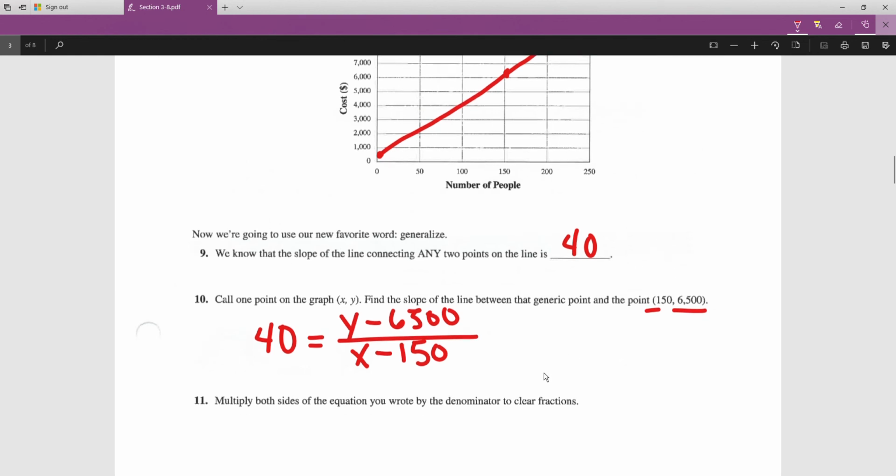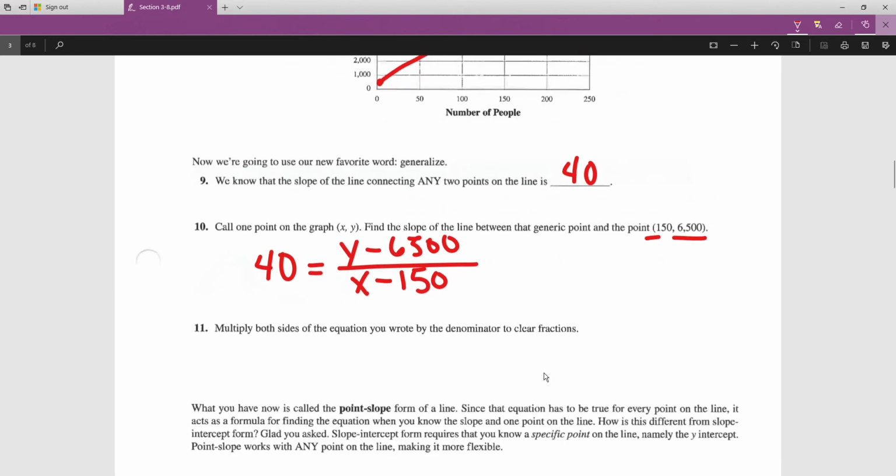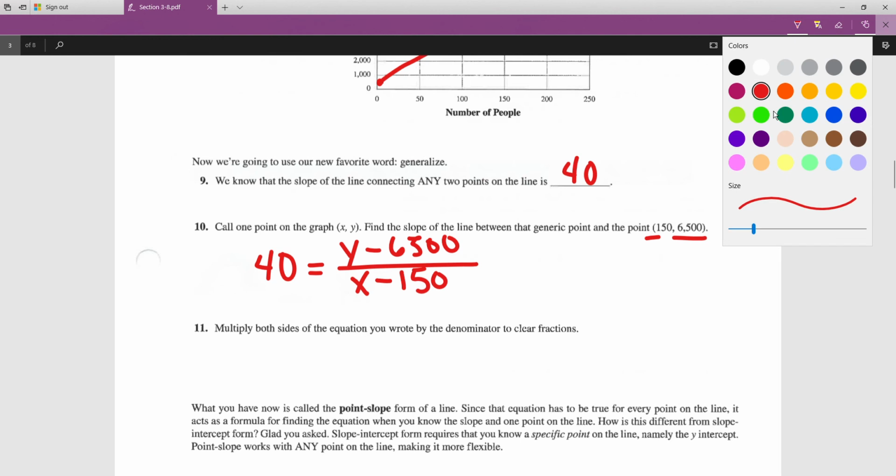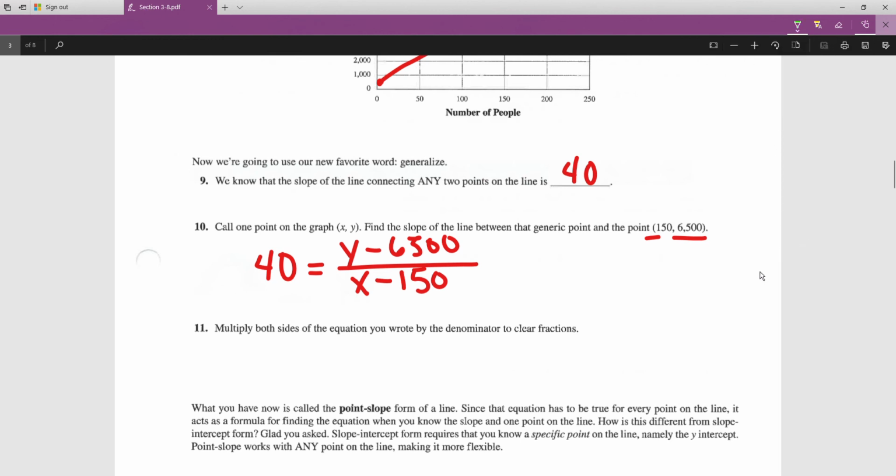Now we're going to use that for question 11 to multiply both sides to clear our fractions. So I'm going to do this on the previous one here. We're clearing the fractions, which means I'm going to take that denominator and multiply it on both sides to figure out what they want me to do in question 11. So x minus 150 on both sides.